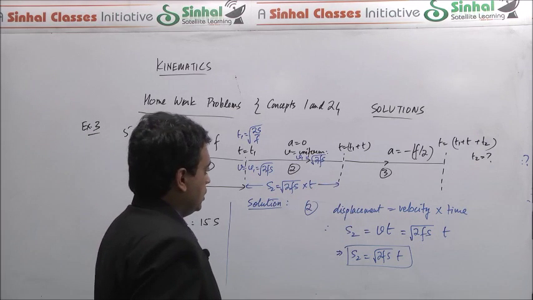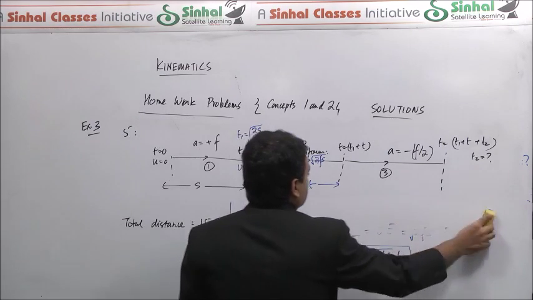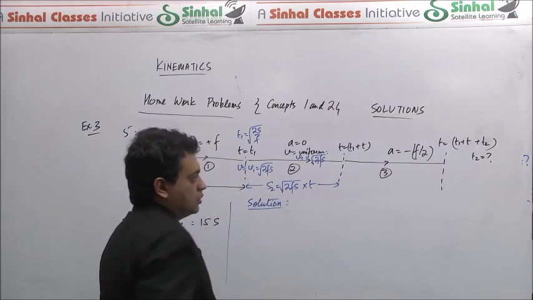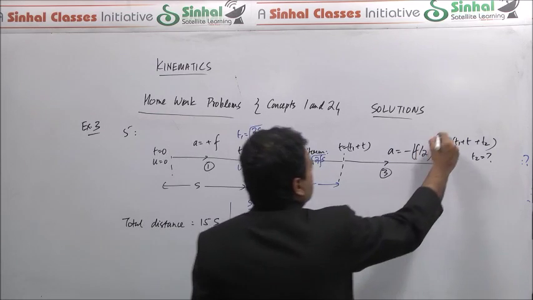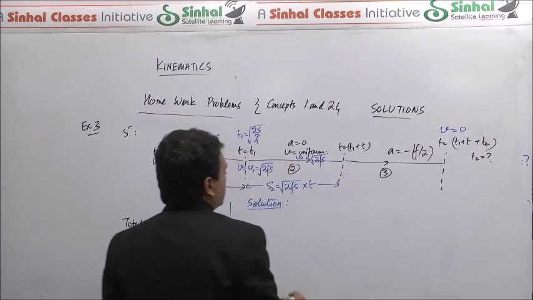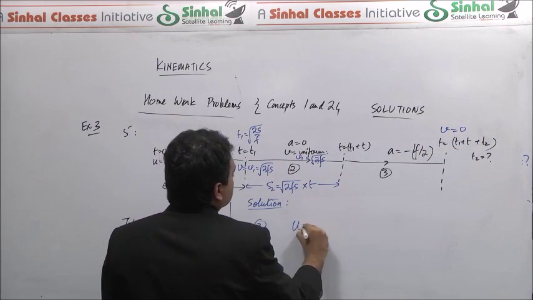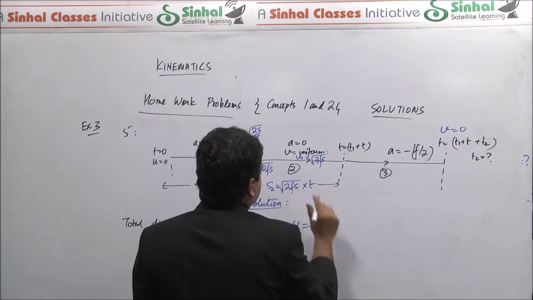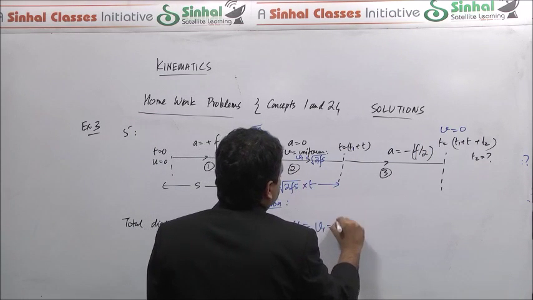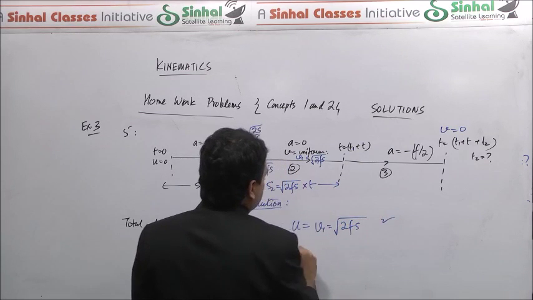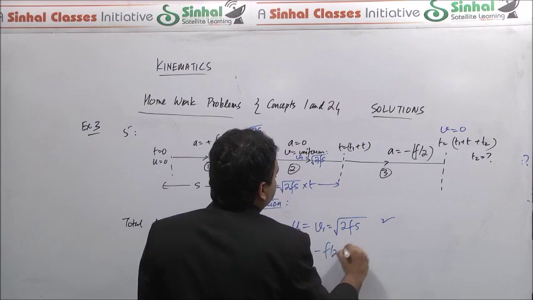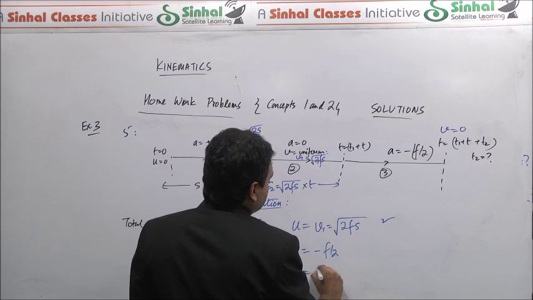And from the third part, see that the final velocity is 0 here. So for the third part of motion, the initial velocity is v1, which is the square root of 2fs. The rate of deceleration is minus f by 2, that's given to us, and the final velocity is 0.